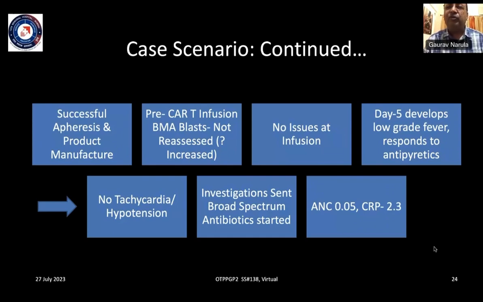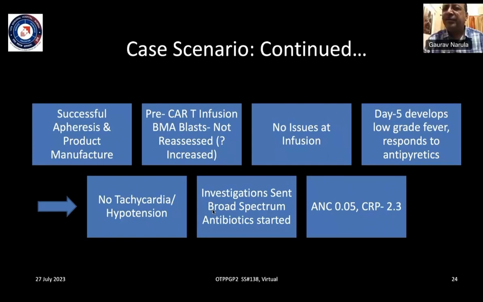We have to presume that this may be sepsis, and we start them on broad-spectrum antibiotics. So, in this case, the broad-spectrum antibiotics were started. So the counts are low, and fever is there. So, this may be infection.